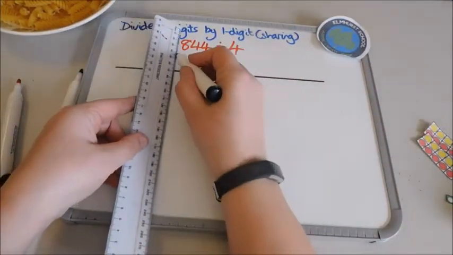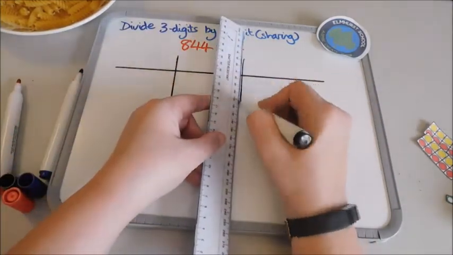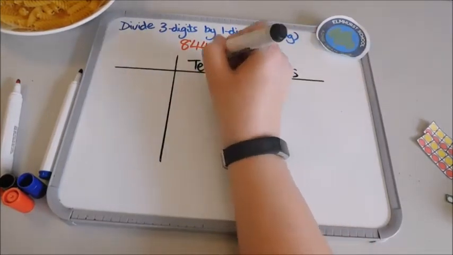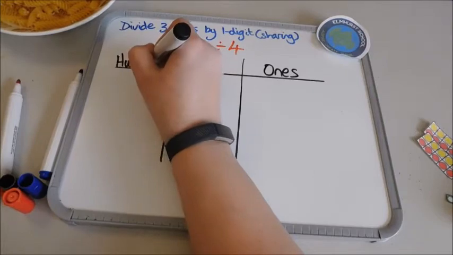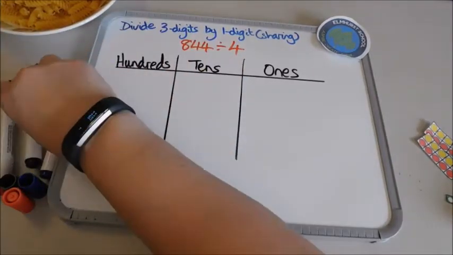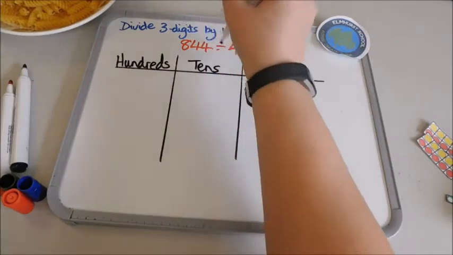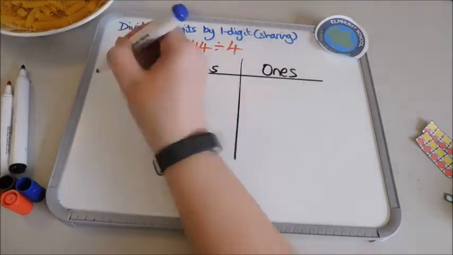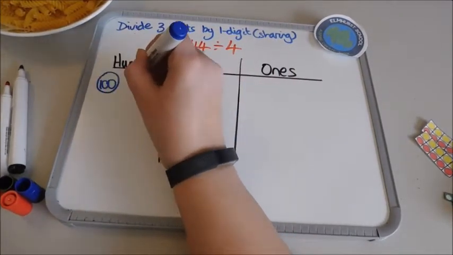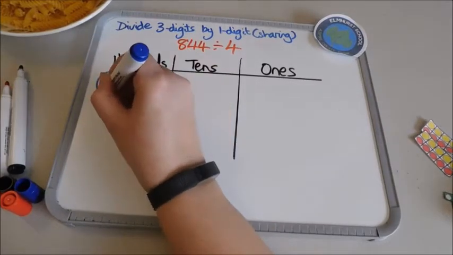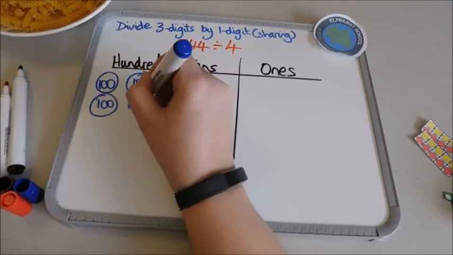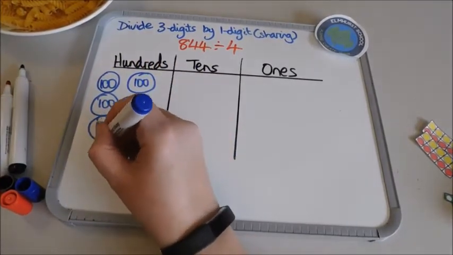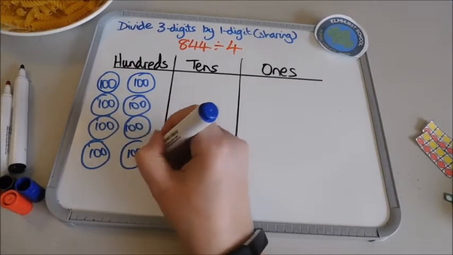So I have got my ones, my tens, and my hundreds. And I'm going to put those 844 into the appropriate column. So I've got 800: 100, 200, 300, 400, 500, 600, 700, 800.